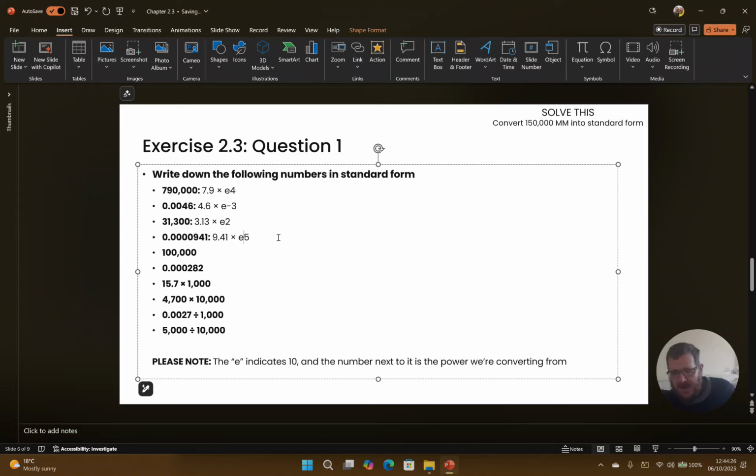And because they're to the left of that number and not to the right, again it's -5. 100,000.